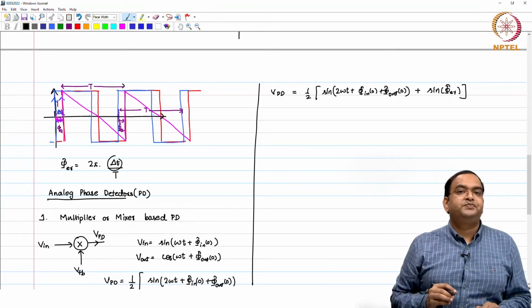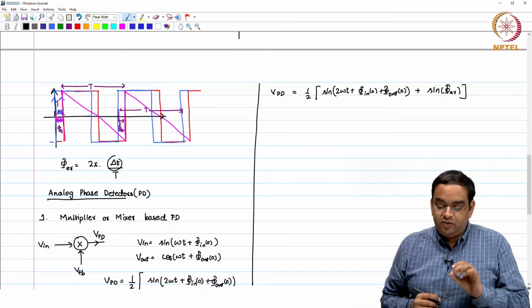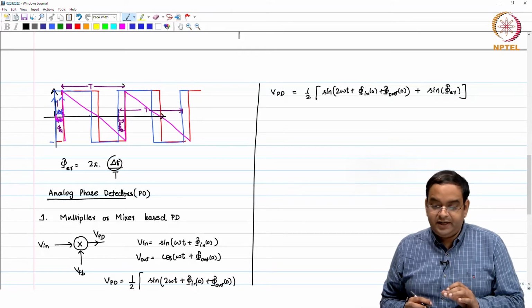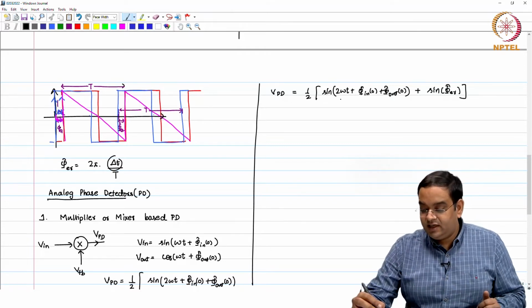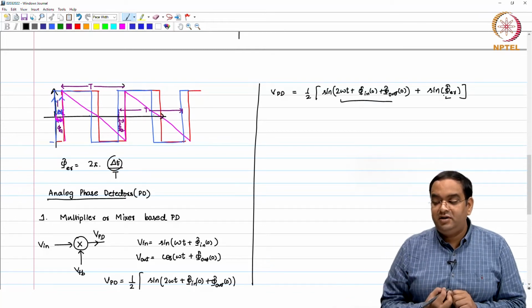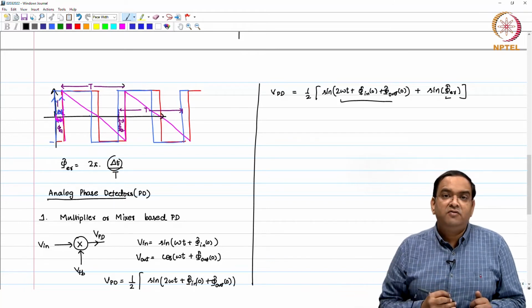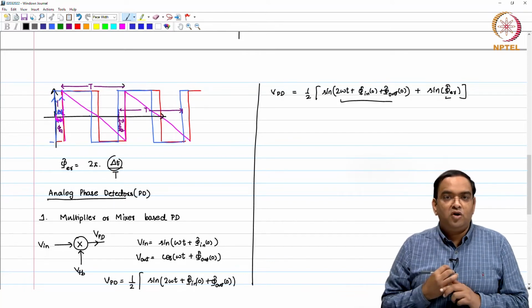Now, in a PLL we have this phase error detector and it has two components. One depends only on the phase error, the other has a very high frequency component also.